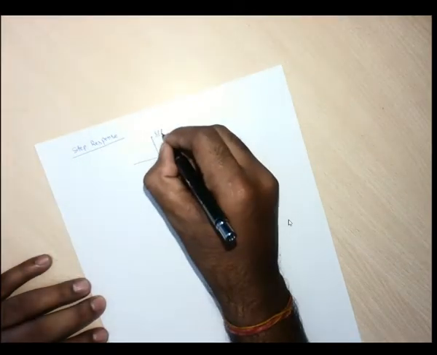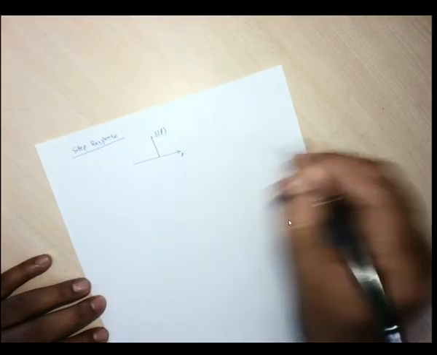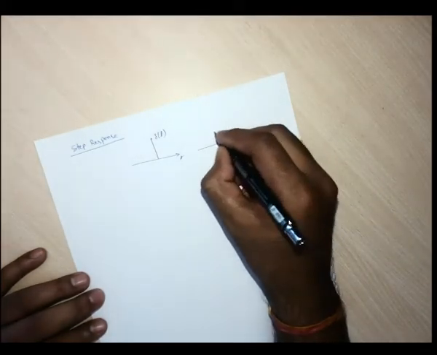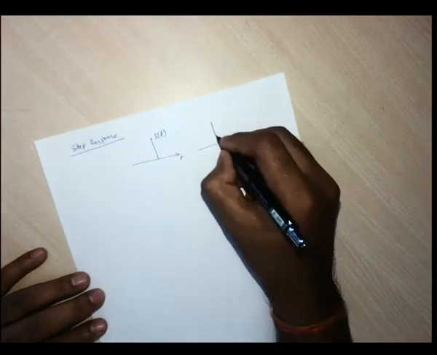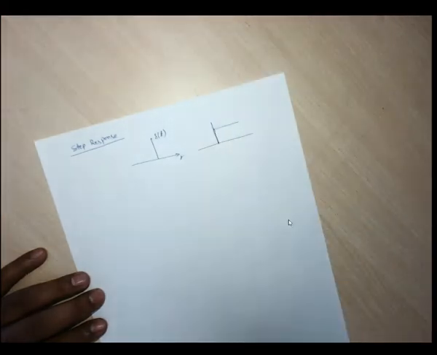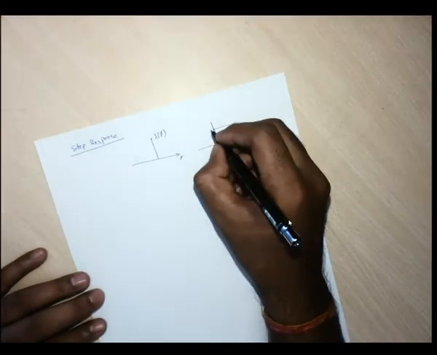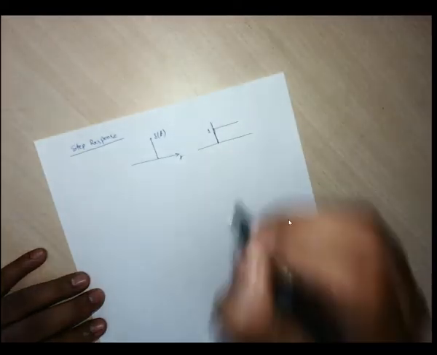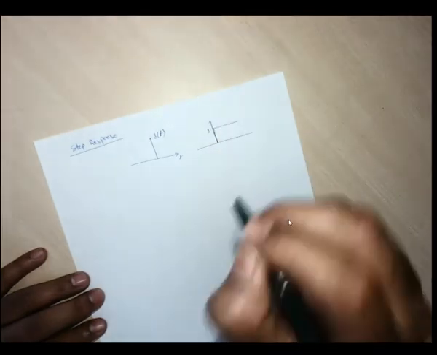That is somewhat the impulse function. But if we look at the step function, let us consider it is u(t). It starts from 0, then goes up, maintaining a certain amplitude. For a unit step pulse, it has unit amplitude.